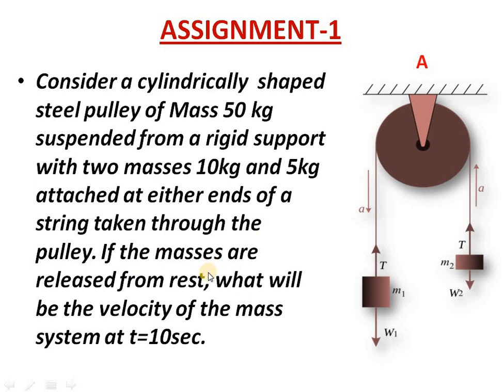Okay, if the masses are released from rest, what will be the velocity of the mass system at t equal to 10 seconds? Okay, very simple question. Question simply demands you to tell, if it is released from rest, obviously the motion will be like this, anti-clockwise. What will be the velocity?